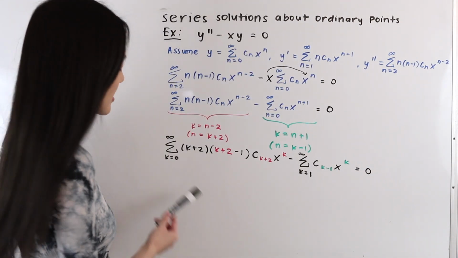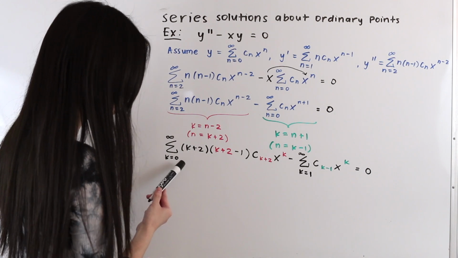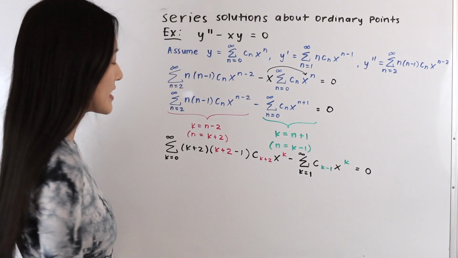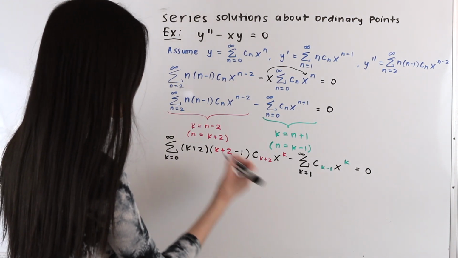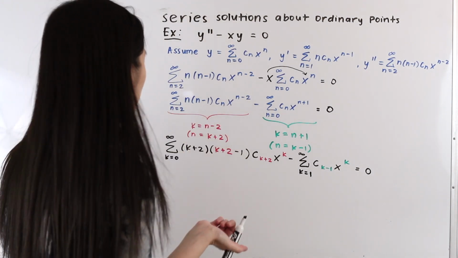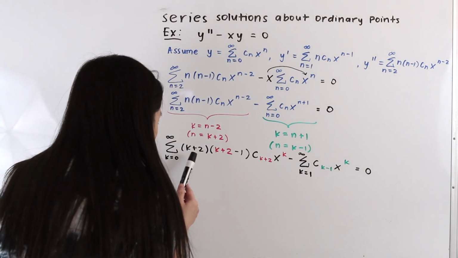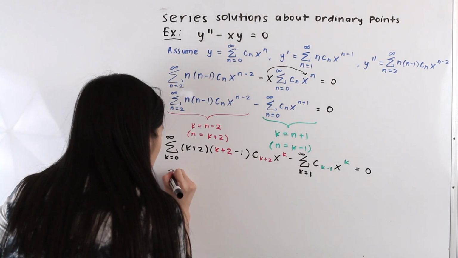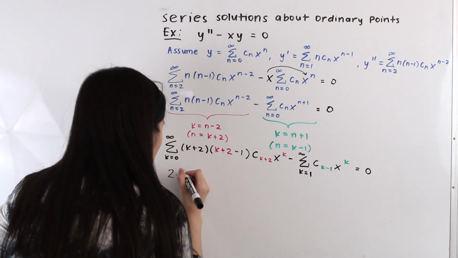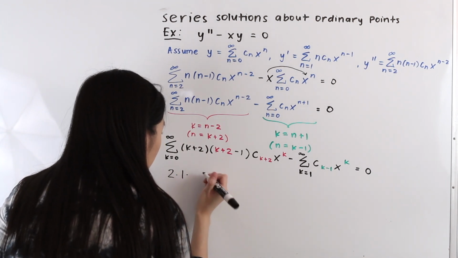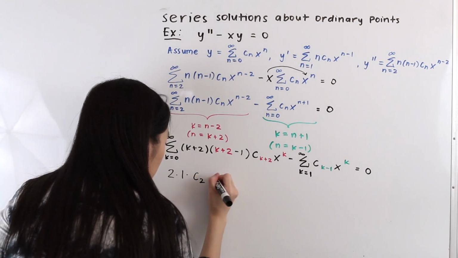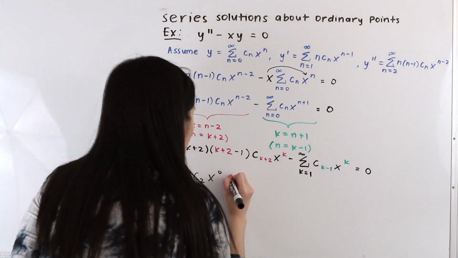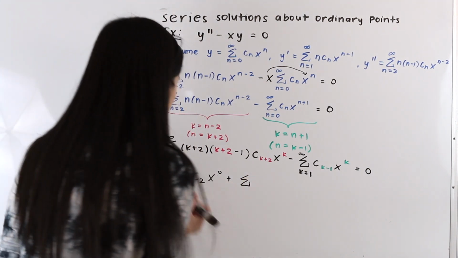So we can see here that this summation starts off at k equals 0, and this summation starts off at k equals 1. So what we're going to need to do is take one term out of this summation here so that we can match our indices. So let's go ahead and plug in a k equals 0 here to get our k equals 0 term. So we have 2 times 1 times c2 x to the 0. And then what that does is that shifts our index up by 1.